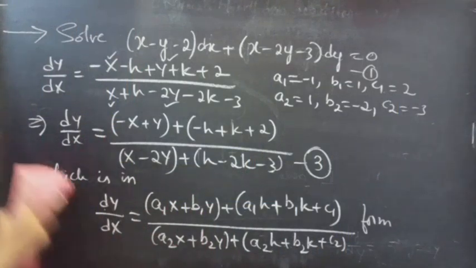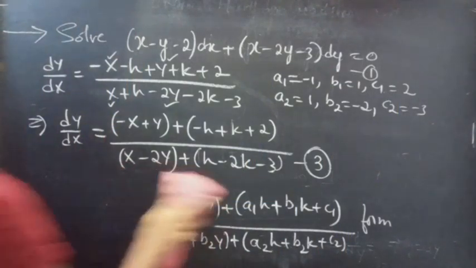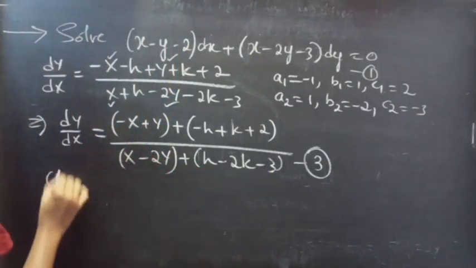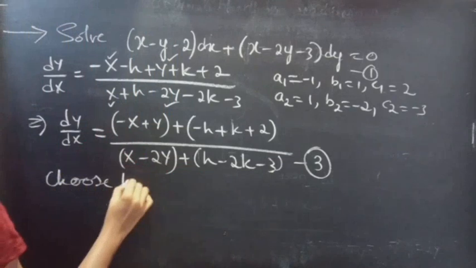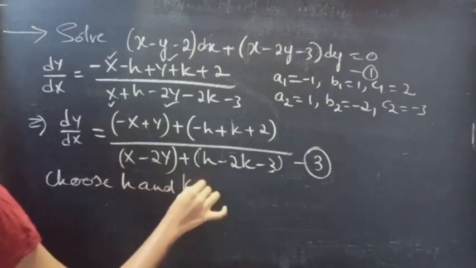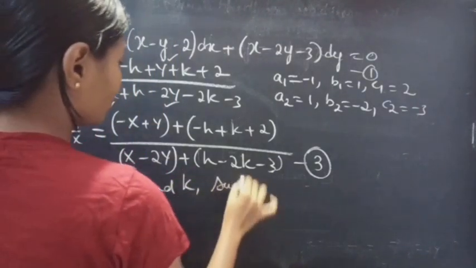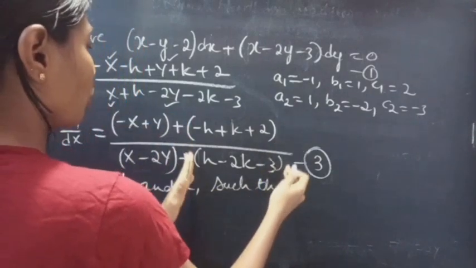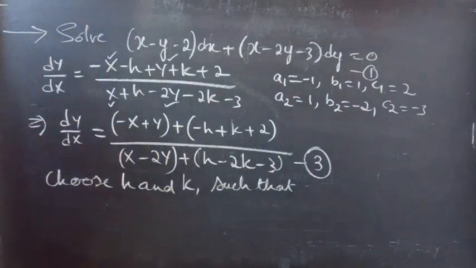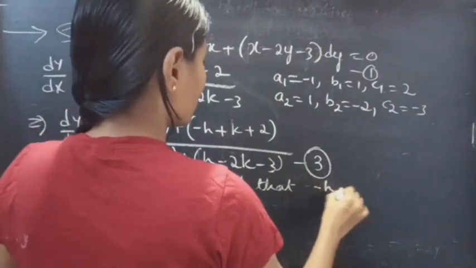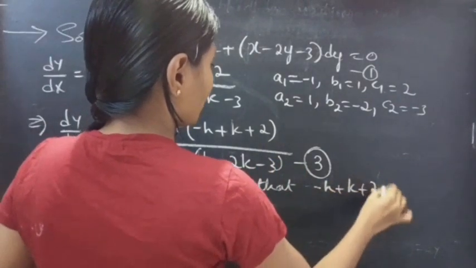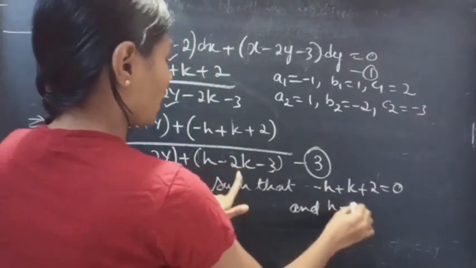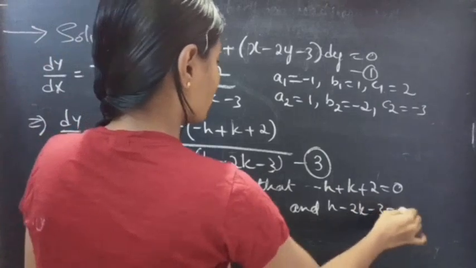Now what we have to do is choose h and k such that these two polynomials become 0, such that −h + k + 2 = 0 and h − 2k − 3 = 0.